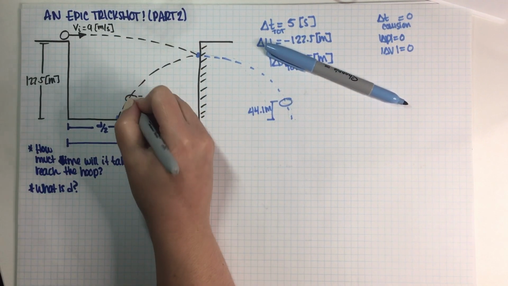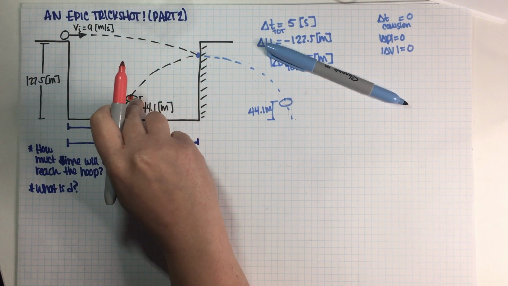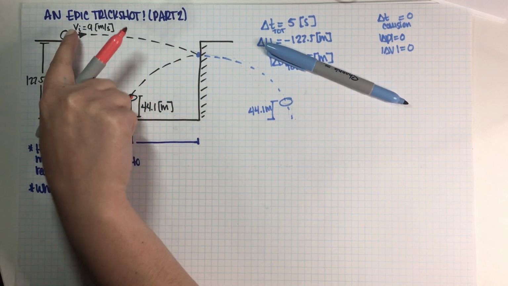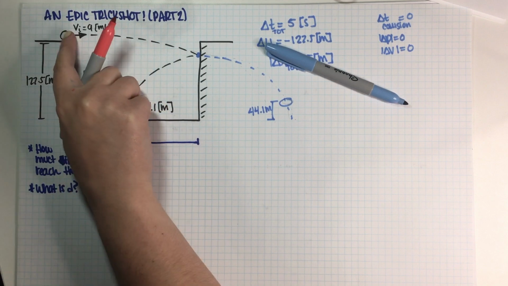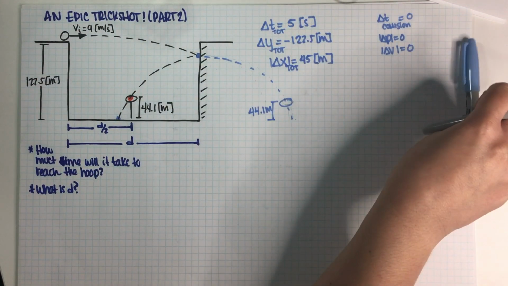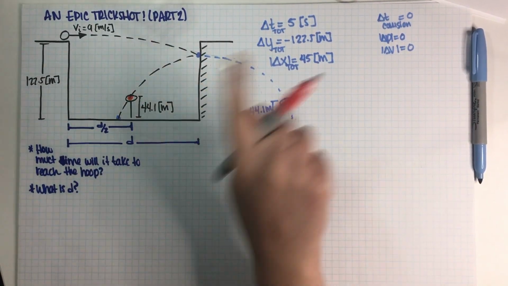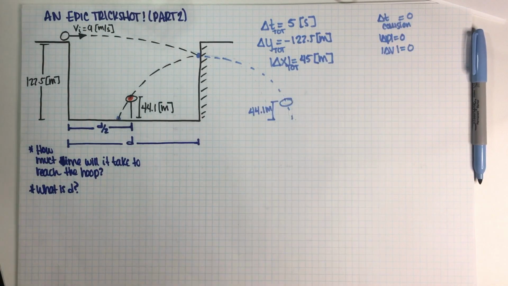What the question is asking is the time in which it hits the hoop. So not the time from here, here, and here. It's the time from here, here, and then all the way over here. So that is the thing that's going to make a difference, right? So the answer is not 5. It has to be less than 5, obviously. So let's go ahead and figure out what that is.